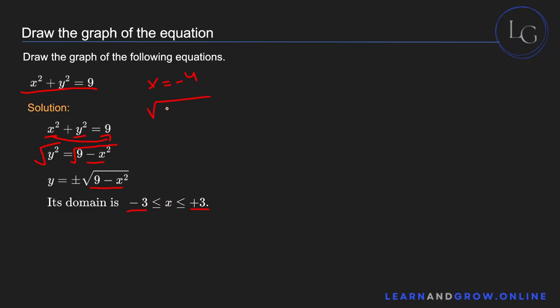The square root becomes the square root of 9 minus negative 4 squared, and that becomes 9 minus 16, and that eventually becomes negative 7, right? You cannot take the square root of negative 7 because that becomes an imaginary number, and we're not dealing with that right now. So the real domain of this function lies between positive 3 and negative 3, right?